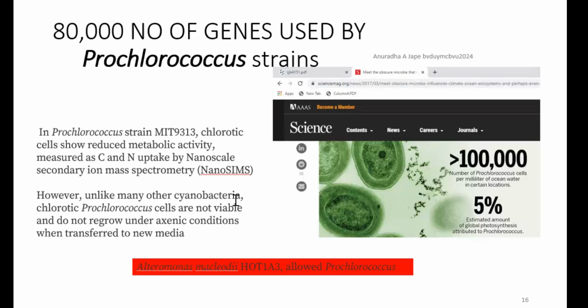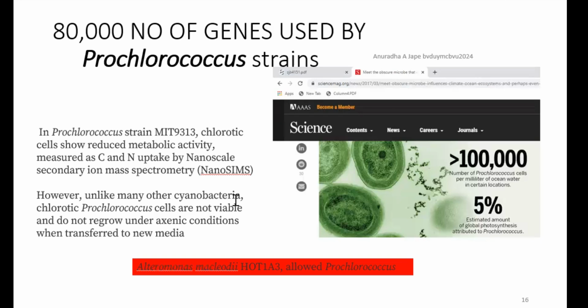And there are different species of it, yet only 5 to 10% of these species have now been cultivated.